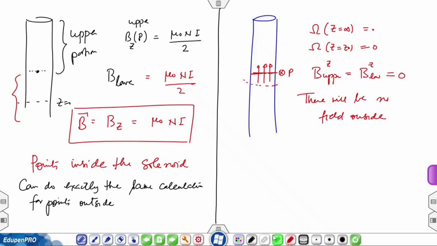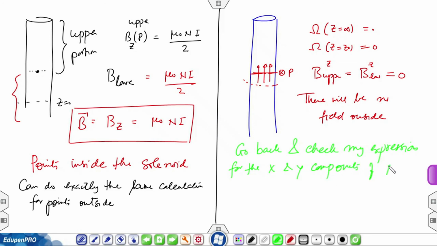I will ask you to go back and check my expressions for the x and y components of B inside, and I ask you, did I do it correctly?